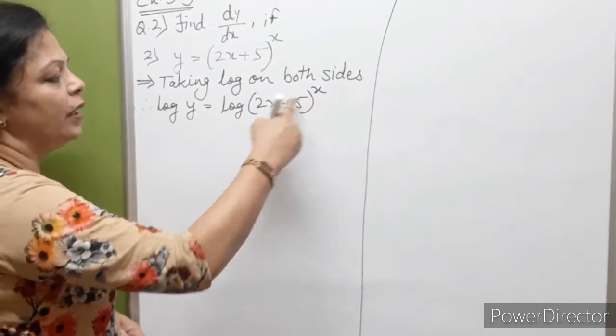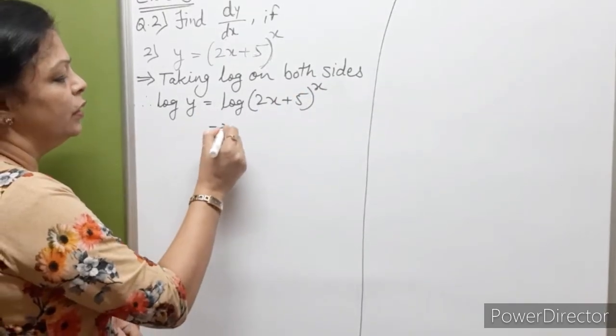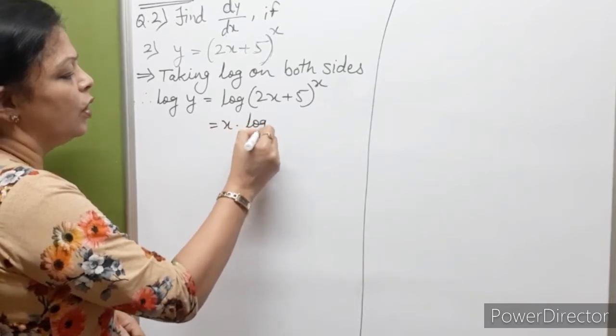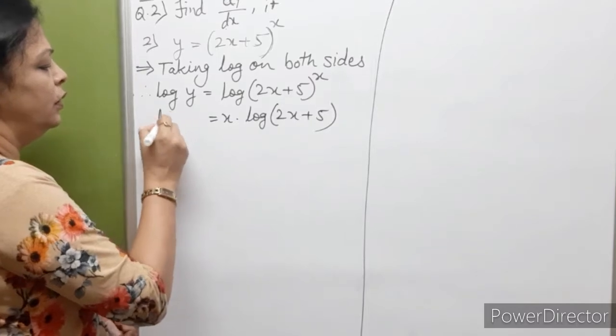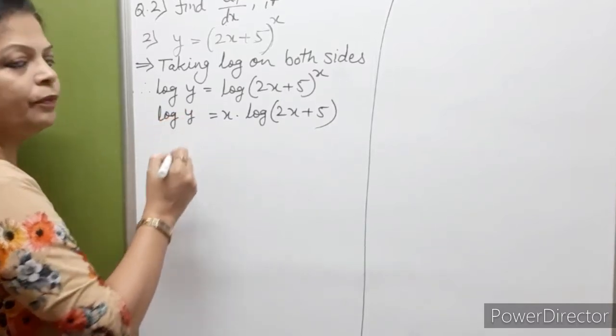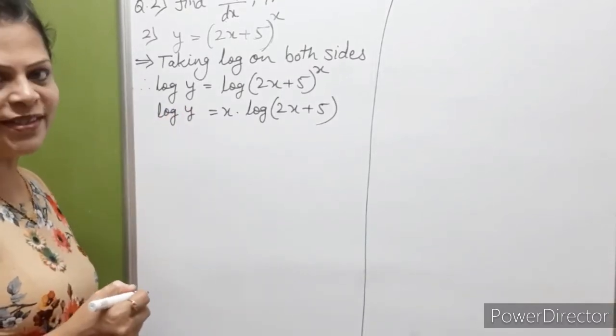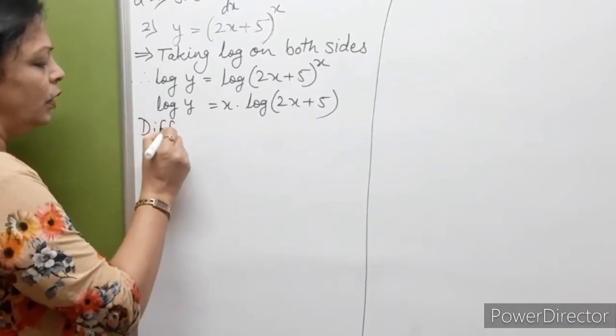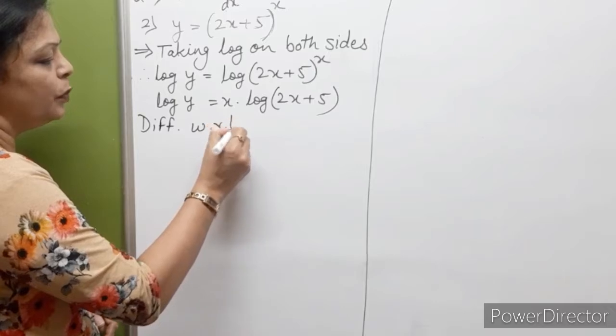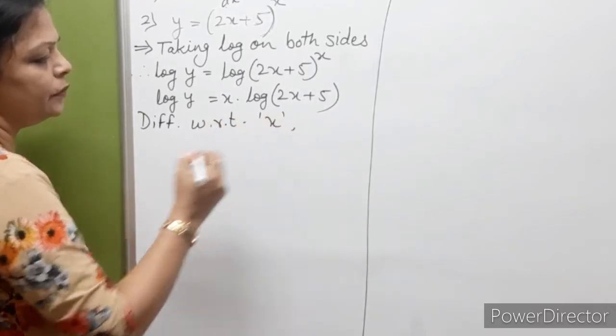Now this x will come for the multiplication. So x into log of (2x plus 5). This side we have log y. Now differentiating both sides with respect to x.